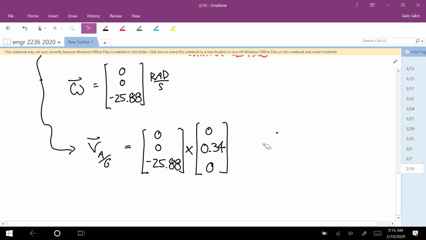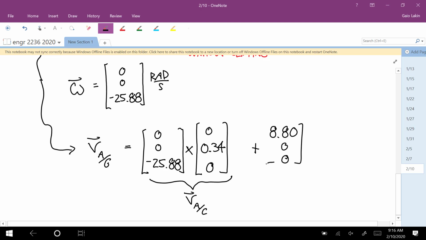Sorry, let me make this equation right. So velocity of A relative to the ground is equal to velocity of A relative to the center. That's what this is, plus the velocity of the center relative to the ground. That's 8.800. That was given.